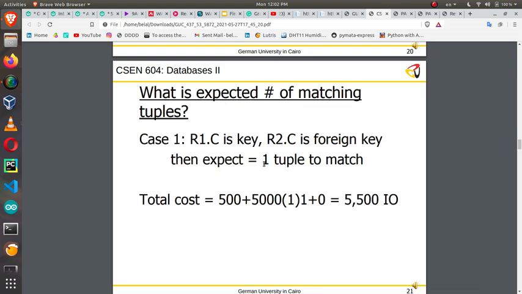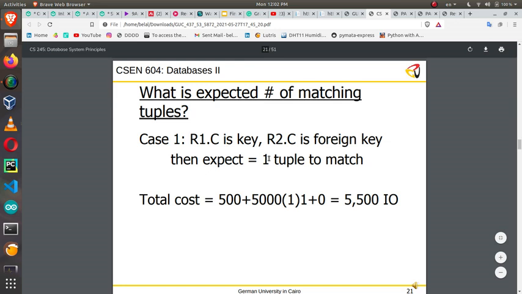So we have 3 cases. The first one is primary key, foreign key. The second one is duplicates, and the third one is duplicates with no stats. So let's see them.